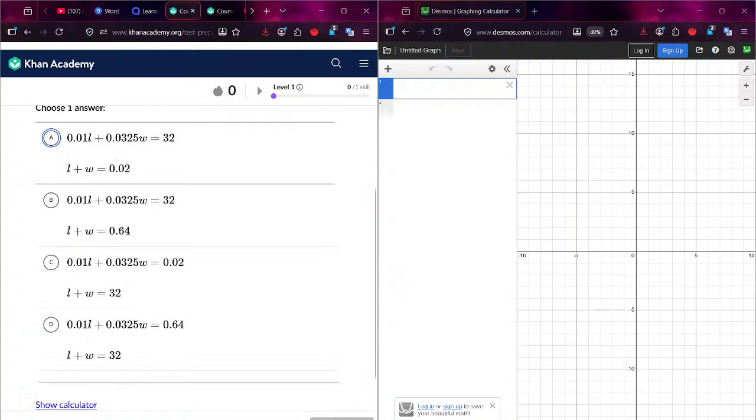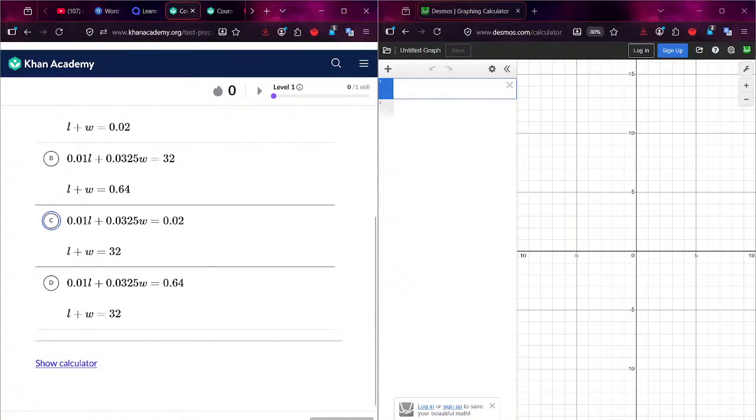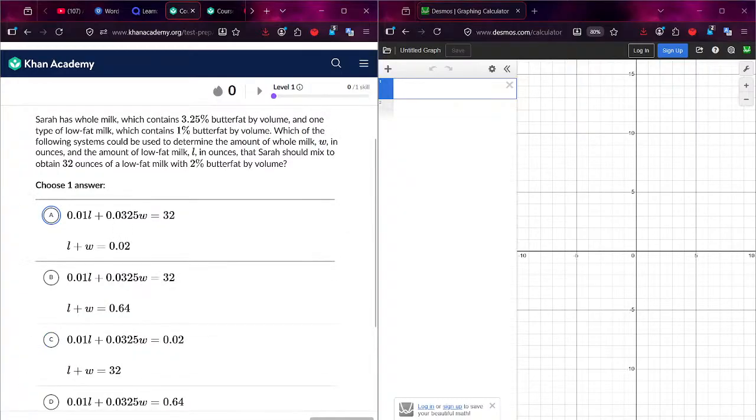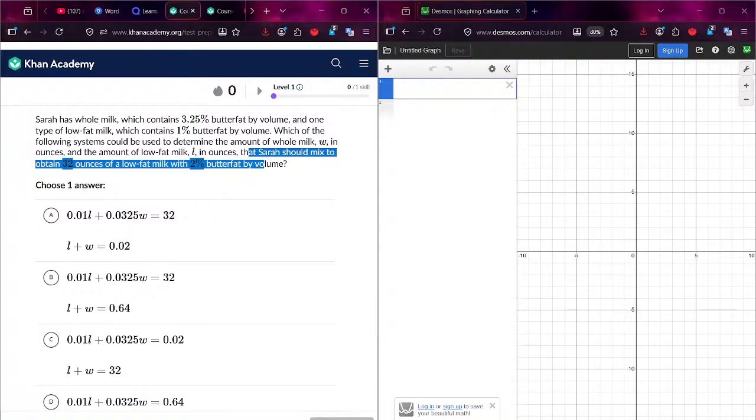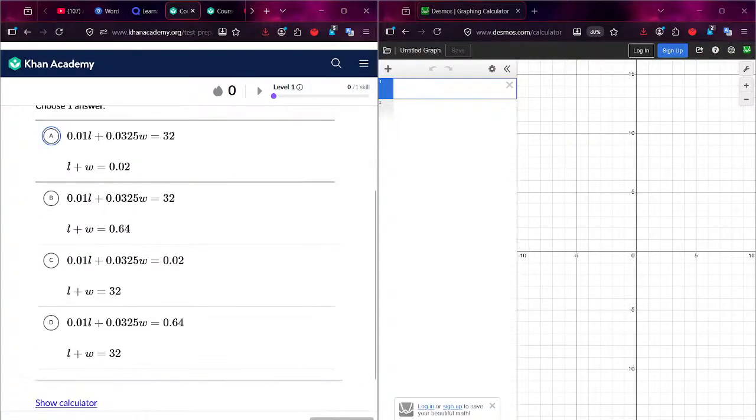So that's going to be in ounces, so it's going to be 32 ounces. That syrup should mix to obtain 2% butterfat by volume. So it's going to be either this or this.